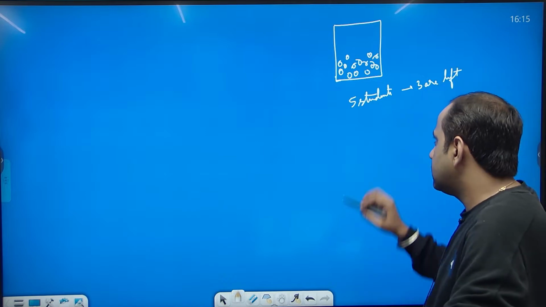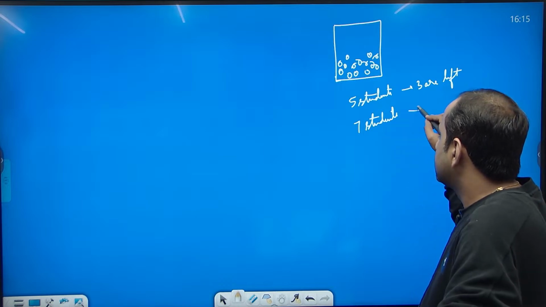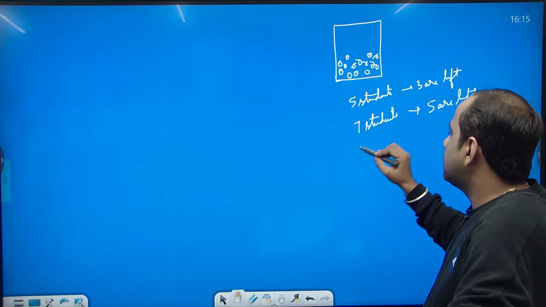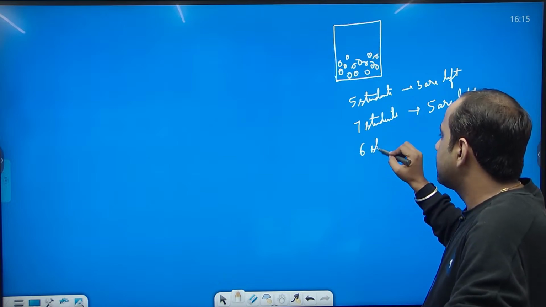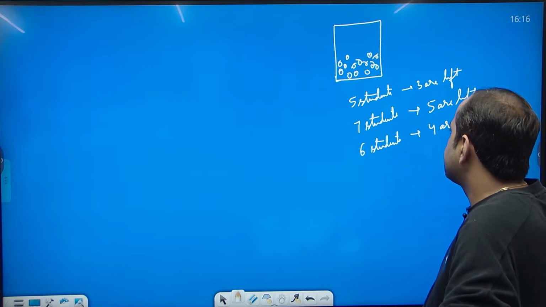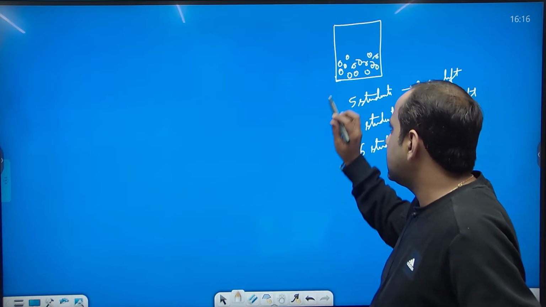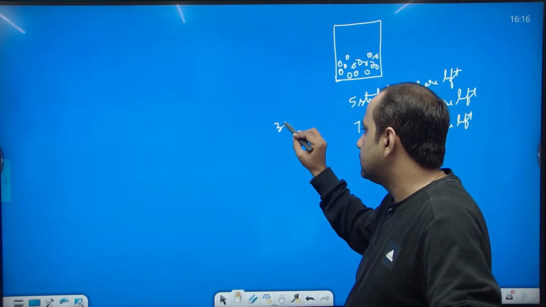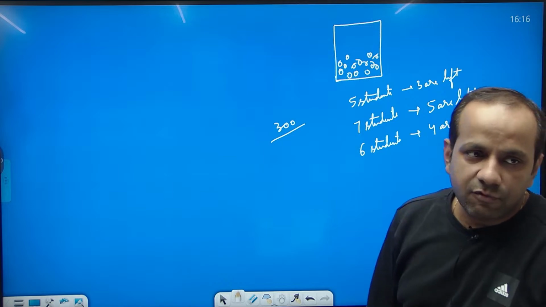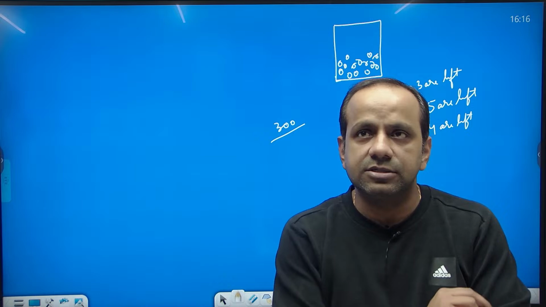If I distribute it among the 7 students, 5 are left. And if I divide it among the 6 students, 4 are left. And it is given that minimum number of chocolates is 300. Okay. So you have to tell me what will be the minimum number of chocolates.